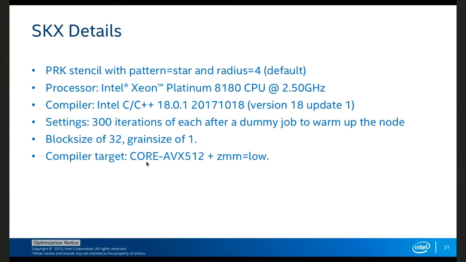At least one important note with Skylake. This is in the Intel 18 compiler. There's something called CORE-AVX512, which generates AVX-512 for Xeon, but with the qopt-zmm-usage=low flag.